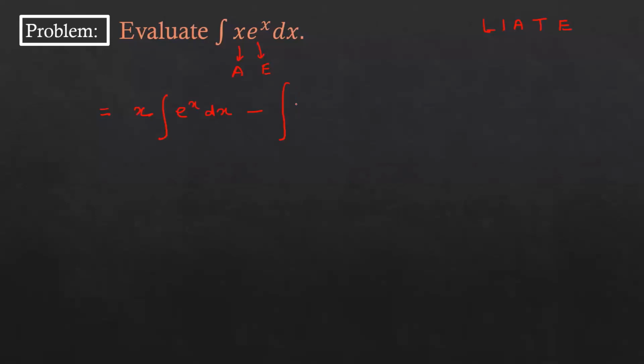Now the inside part will consist of the derivative of the term which you took outside. That means first you perform d/dx of x, and then again perform the integration of e to the power x dx. And after performing that, we have to take the integration again.